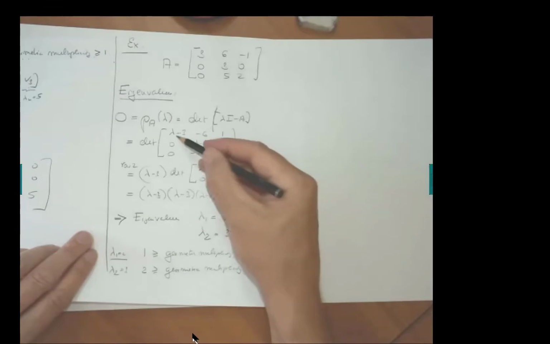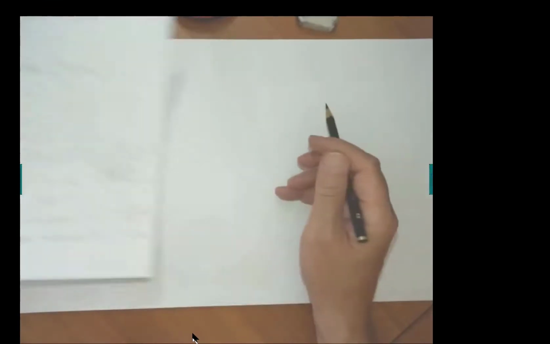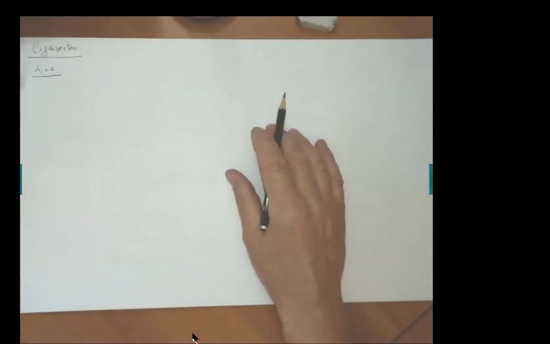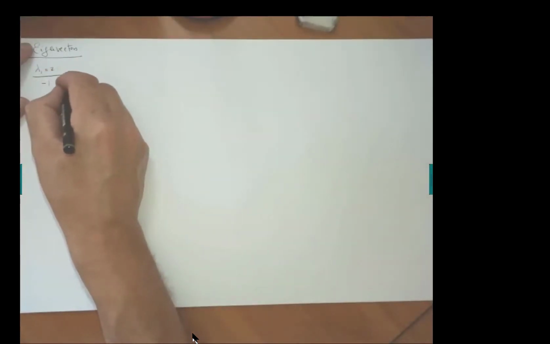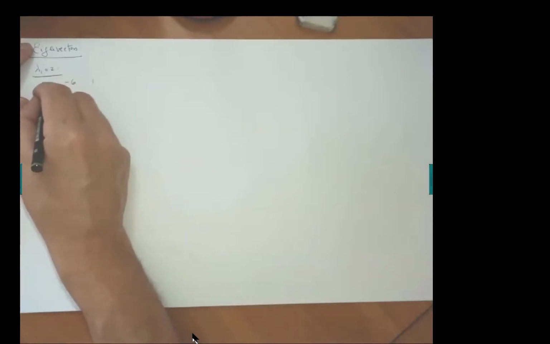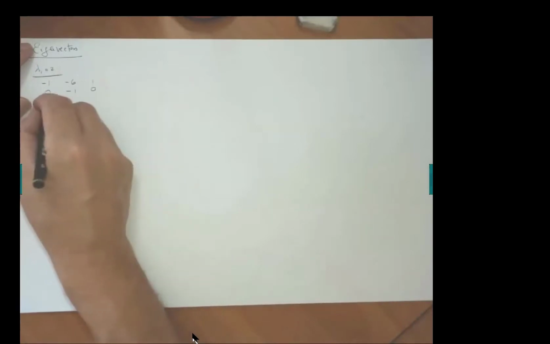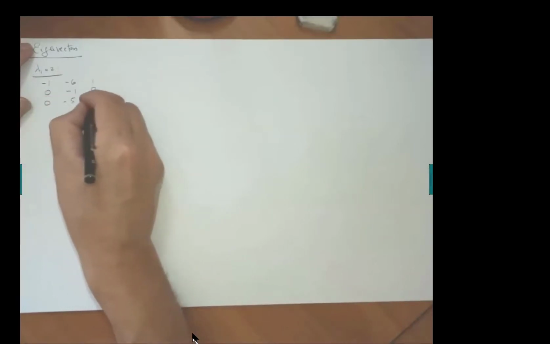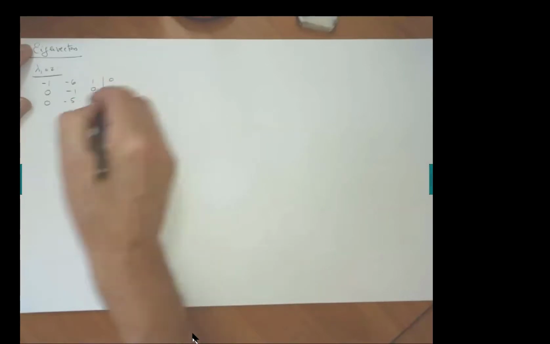Again, I take this matrix, put lambda equal to 2, and the right-hand side is 0. So I copy this with lambda equal to 2. I get [-1, -6, 1; 0, -1, 0; 0, -5, 0; 0, 0, 0].